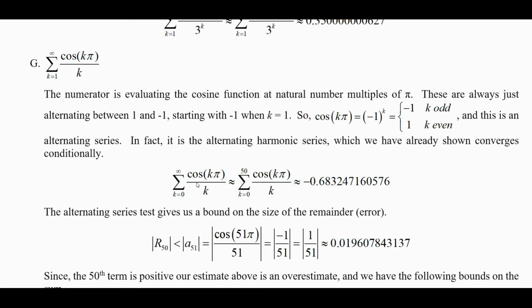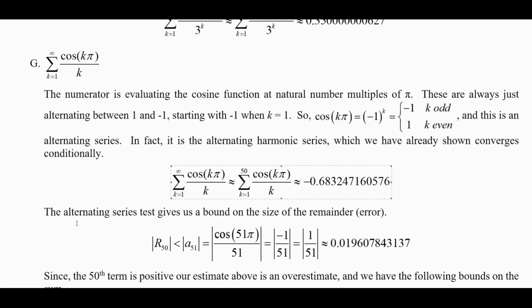But if we do a sum from k equals, again, that should be 1, to infinity. If we sum from 1 to 50, you get negative 0.68324 something.